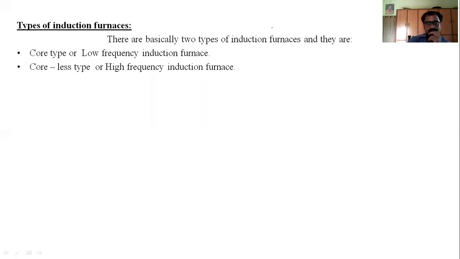Coming to the first one, the core type induction furnace has been classified into three subtypes: direct induction furnace, indirect induction furnace, and vertical type induction furnace. And there is another name which we have studied in the previous class, that is the Ajax Wyatt furnace.